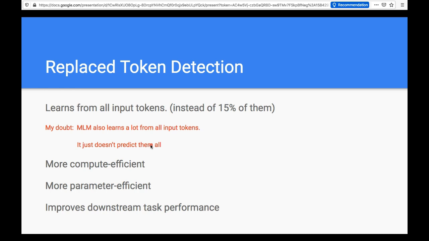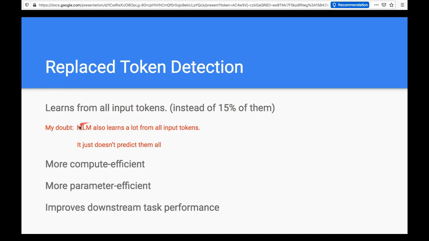This different model, ELECTRA, the discriminator, tries to predict for all tokens whether the token is original or replaced. And they claim that by doing that, ELECTRA can learn more from one example. Basically, you can make the most of the information from a given example.